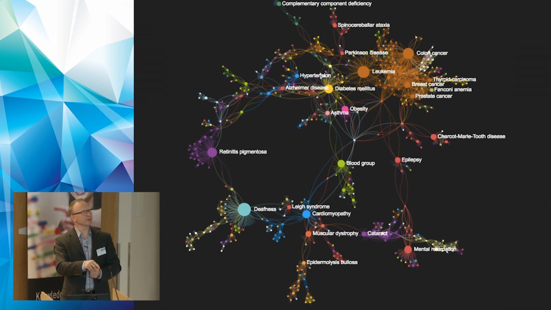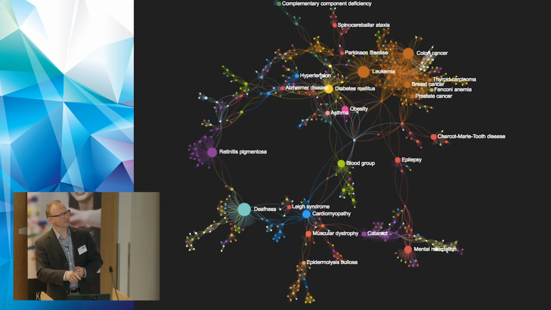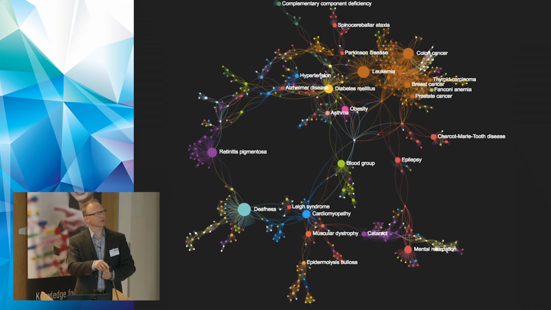So you would expect that diseases that are neighbors should be closely related. And of course, that's also what you see. The different colors are related to the disease classifications. But you can also go from one disease to something that is totally different by just following these links of shared origin.